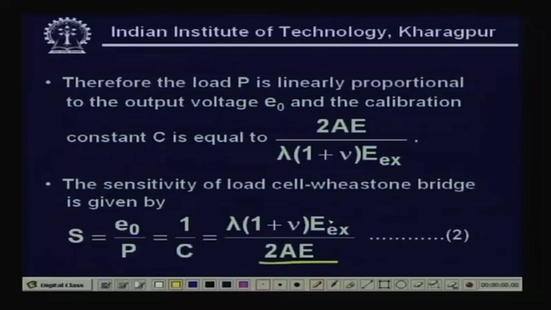But one thing is very important: I cannot increase the supply voltage or excitation to my bridge indefinitely. Each strain gauge is basically a resistance, so it has a current limitation on how much current can pass through. If I increase E x, since the two resistances are in series, the current through each of the gauges will increase.